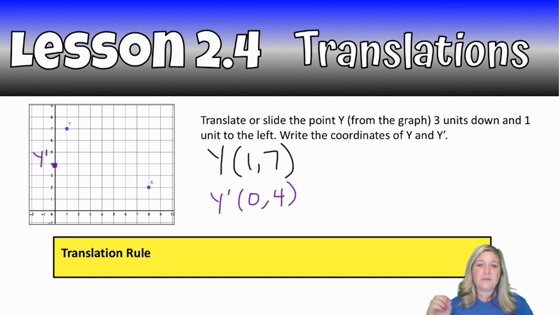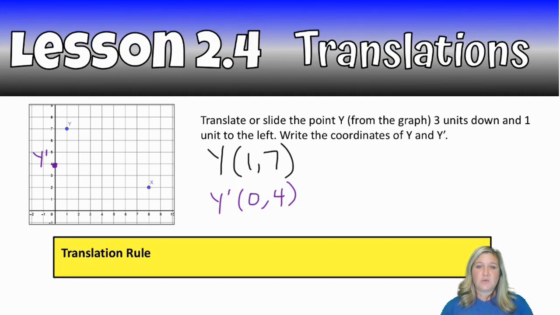So basically what happens here is that you can hopefully tell that my X value just changed by 1. It went down 1, so -1. And then my Y value changed by 3. It went down 3, or -3.